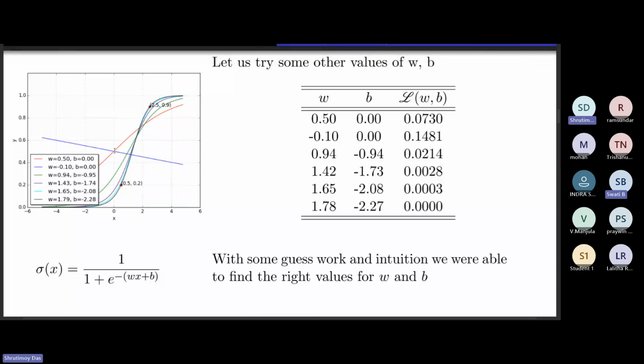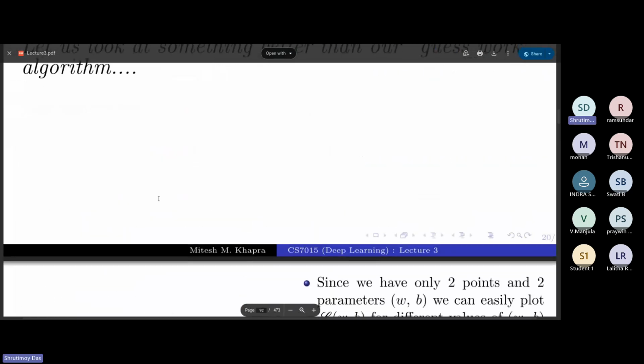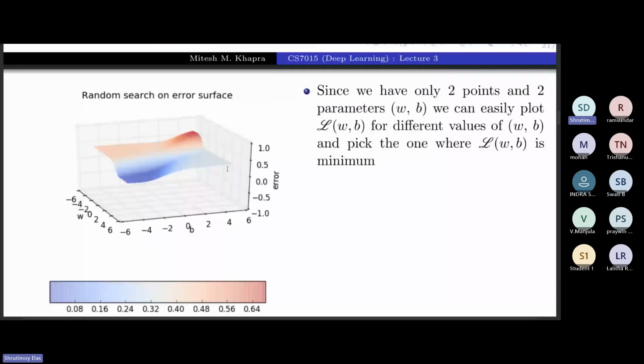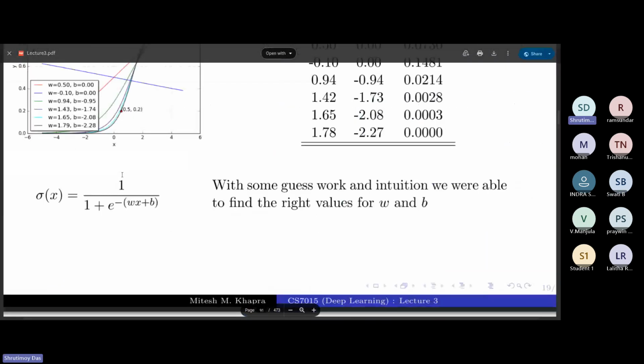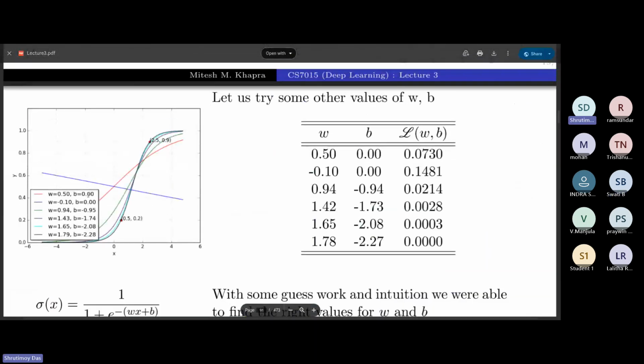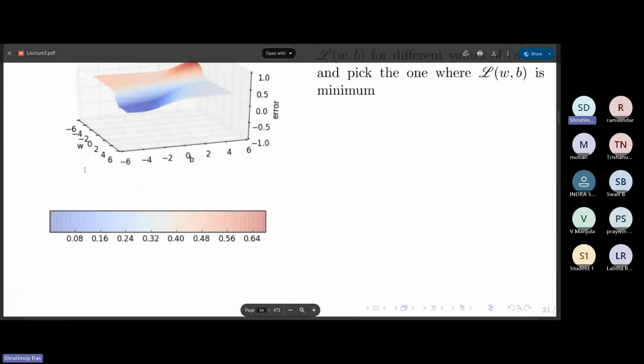But now your network is outputting 0.5, and suppose the correct answer is 1. So the error is 1 minus 0.5, right? That error is plotted here. This was for W equal to 0.5 and B equal to 0, so somewhere along this line, at this intersection point.